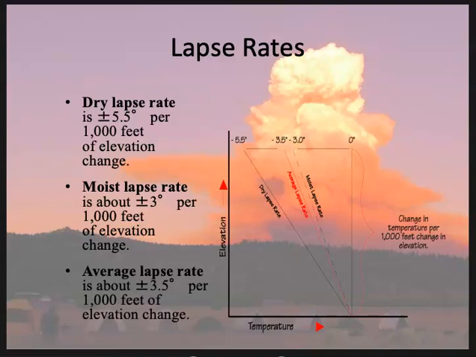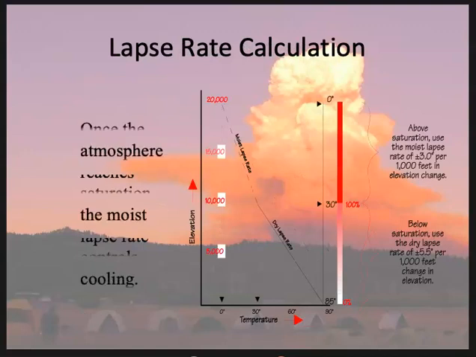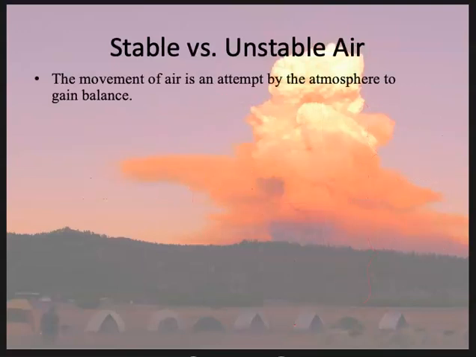So the average lapse rate between the moist and the dry is about 3.5 degrees per 1,000 feet of elevation change. Now that is significant, and once the atmosphere reaches saturation, dew point, the moist lapse rate is going to control your cooling. Okay? So, the movement of air is an attempt by the atmosphere to gain balance.